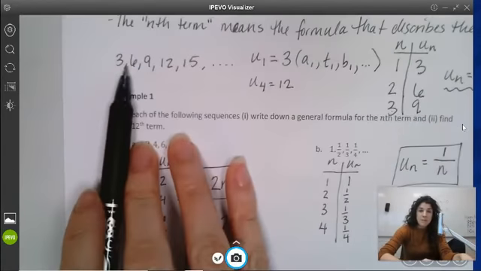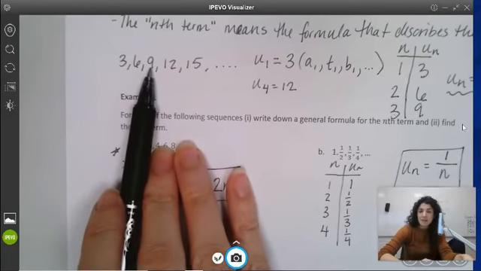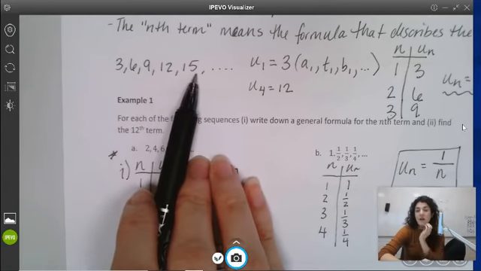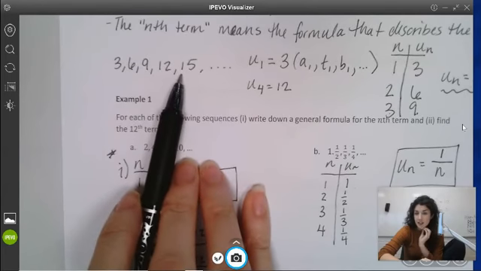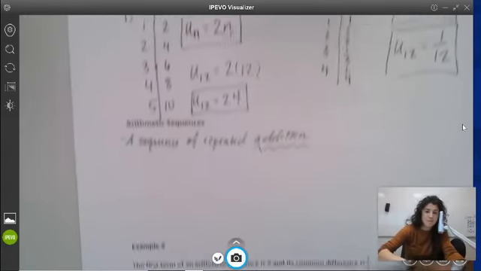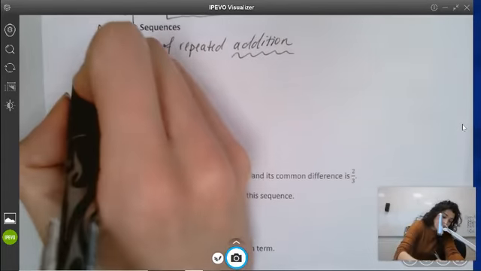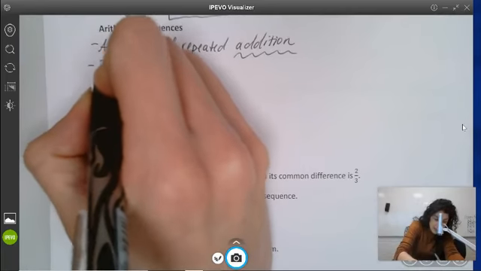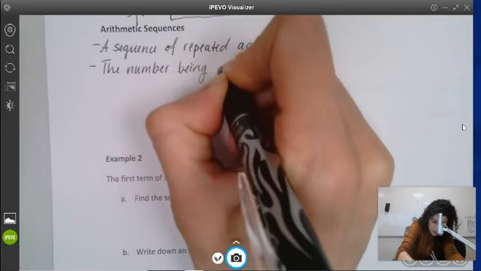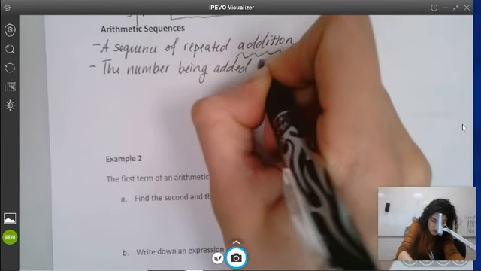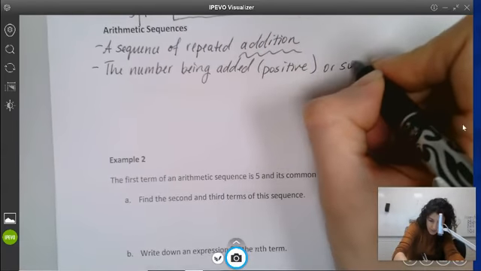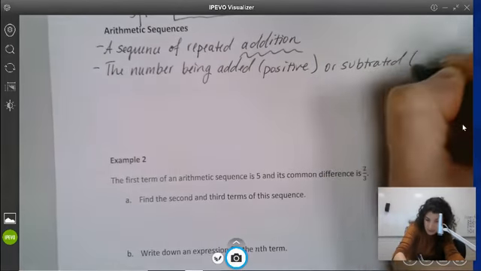So what that means is from number to number, you've added the same number every single time. You've added 3 every single time. So if there's a number that you've added every single time to get to the next term, that is an arithmetic sequence. The number being added, which is positive, or subtracted, which means negative.